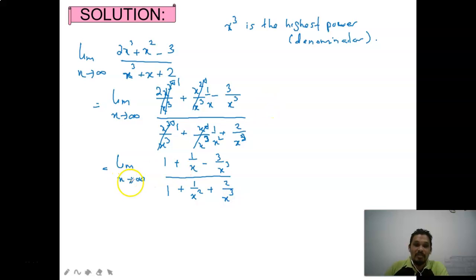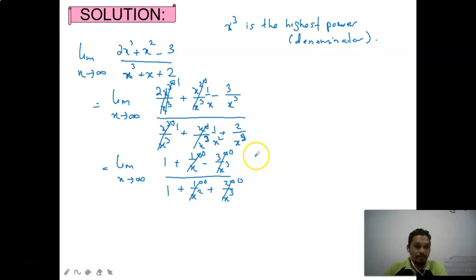Okay, so just imagine that x is approaching positive infinity, meaning the value of x is getting bigger and bigger and bigger. So 1 over a big value is approaching 0. Also approaching 0, approaching 0 and approaching 0.